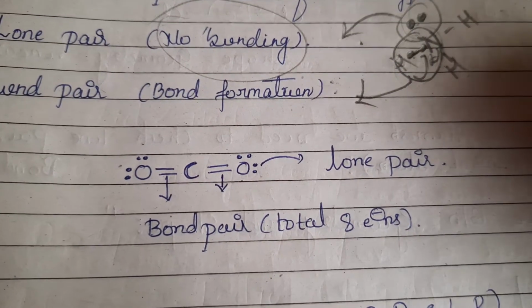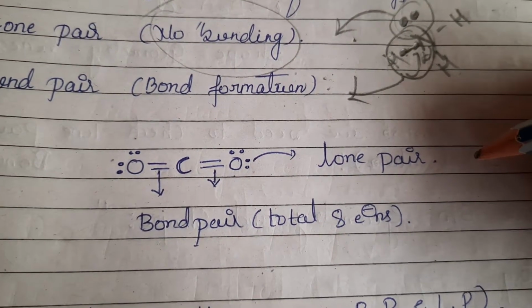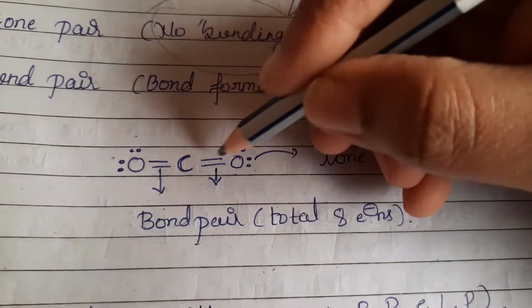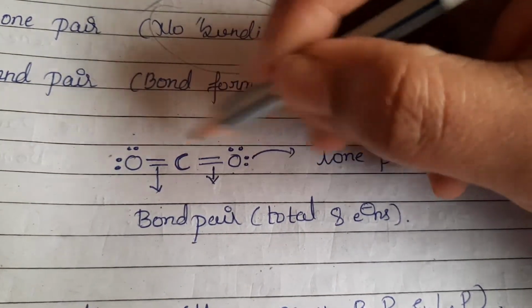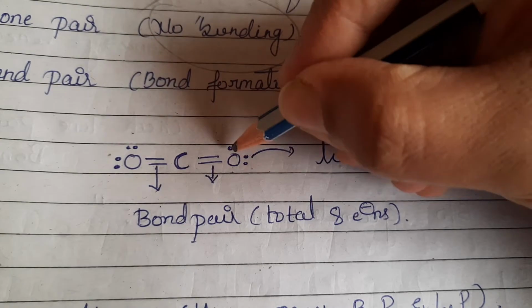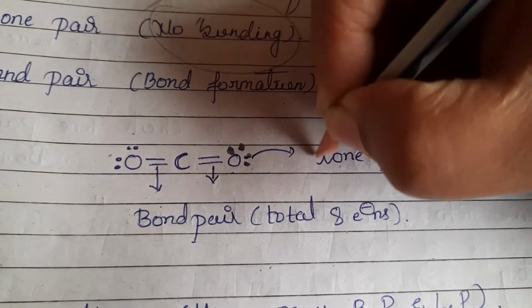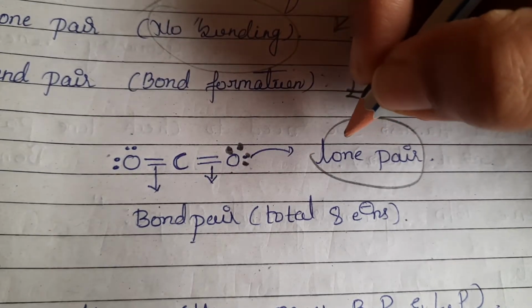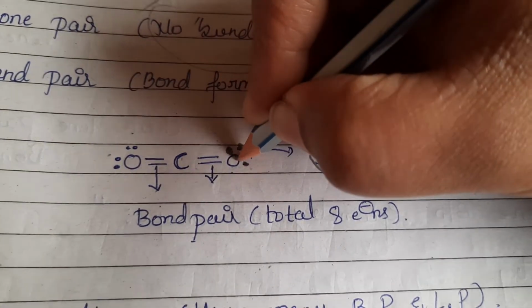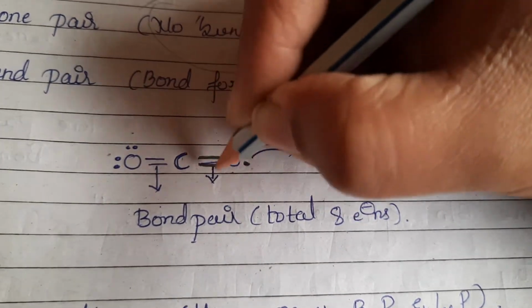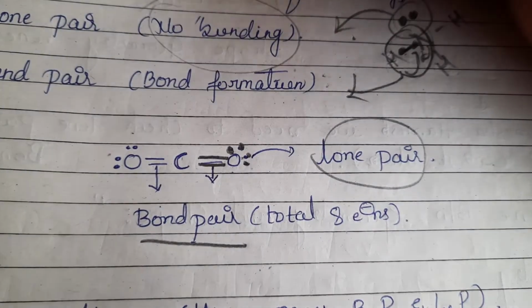One more example I have written here is carbon dioxide. Carbon is bonded to 2 oxygen atoms. The oxygen atoms possess 2 lone pairs of electrons, which are said to be non-bonding electrons, whereas carbon is directly bonded to the oxygen with a double bond, so those are said to be bond pairs of electrons.